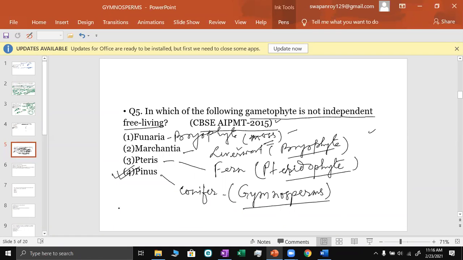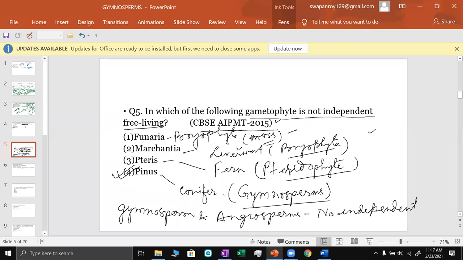So in gymnosperm and angiosperm, the gametophyte has no independent, free life.